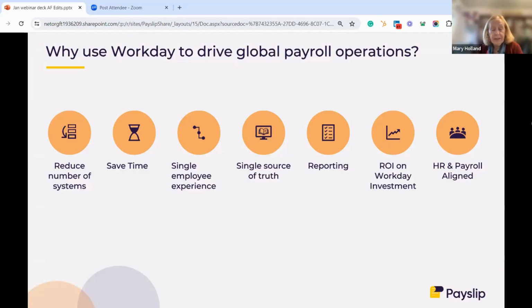You have the information of the employees, what their compensation is, where they're located, and all of that information regarding the HR functions is being aligned to drive business operations. Then once we have that single source of truth in Workday, we need to use that information to drive global payroll operations. And this is where Payslip comes in. So let's move to the next slide, Aoife.